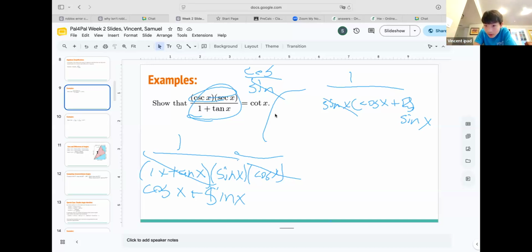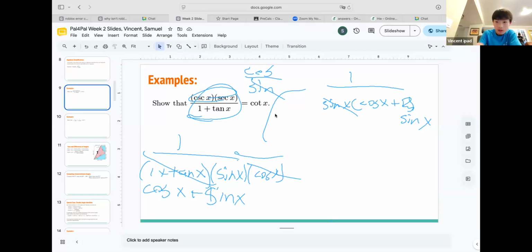Okay, how do I do this? So you're going to multiply by... Okay, wait. What am I doing? I guess you multiply this denominator out. Is my pencil working?